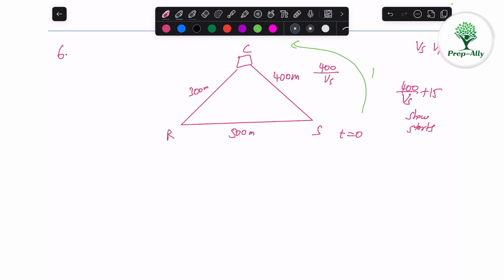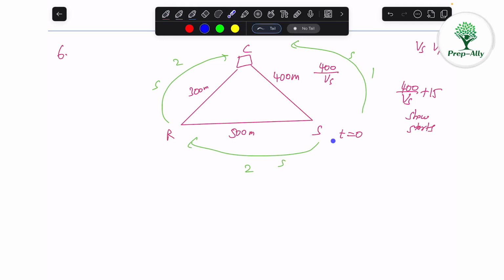Then in the second case, he goes to Ram's house. Who is going? Sham is going. So in the second case, he went to Ram's house, but upon reaching, Ram's mother told him that Ram had already left 10 minutes ago. Without wasting time, Sham went to the circus, but he was late by 25 minutes. Let us say in the second case, he again starts at t is equal to 0, and he goes there, gets some information, and goes on.